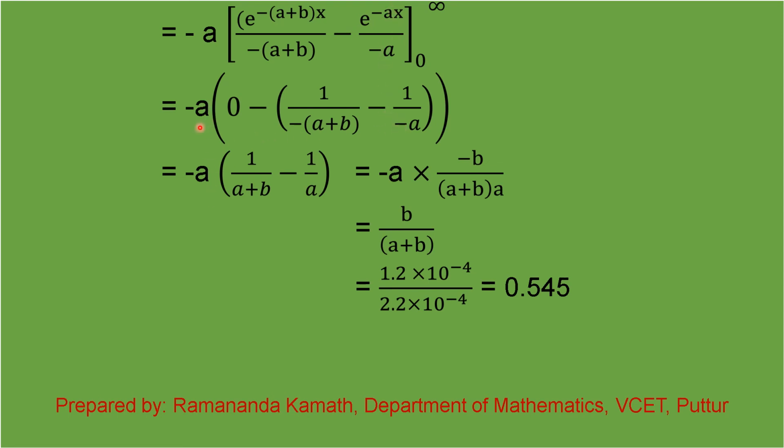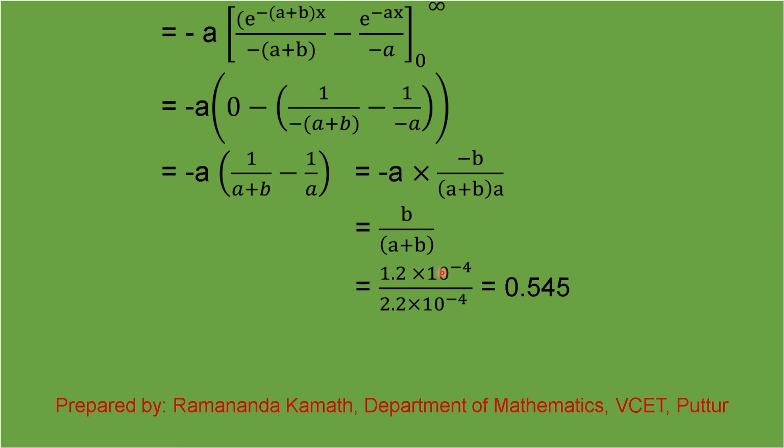So -a times (-1/(a+b) + 1/a). Subtracting, the denominator is (a+b) times a, and the numerator is (a+b) - a... a cancels and b remains. So -a times -b is ab divided by (a+b) times a. Here a cancels, so the remaining is b divided by (a+b).